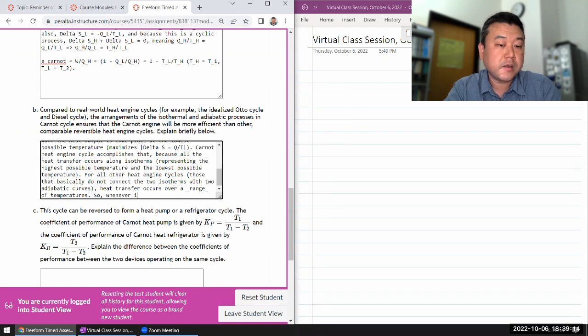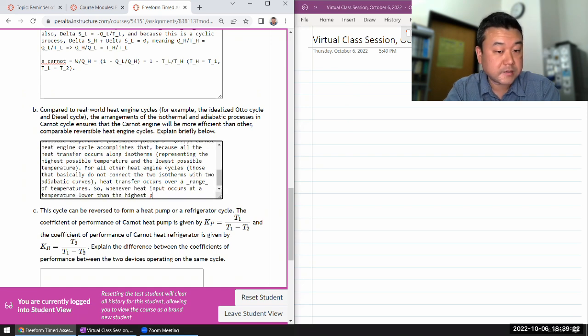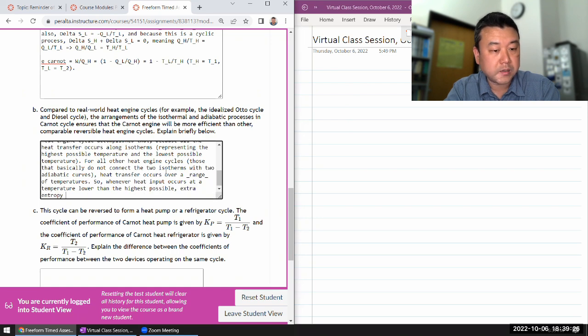So whenever heat input occurs at a temperature lower than the highest possible, extra entropy increase occurs, reducing efficiency.